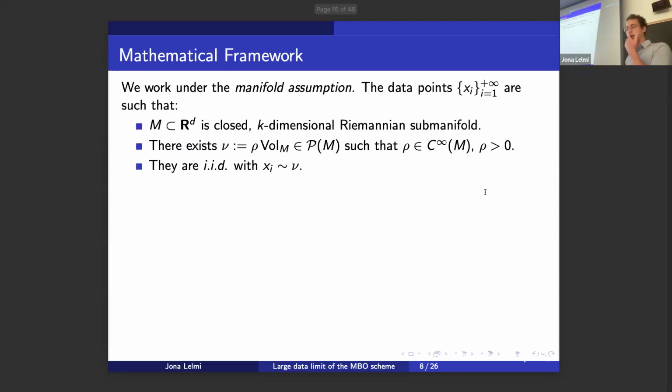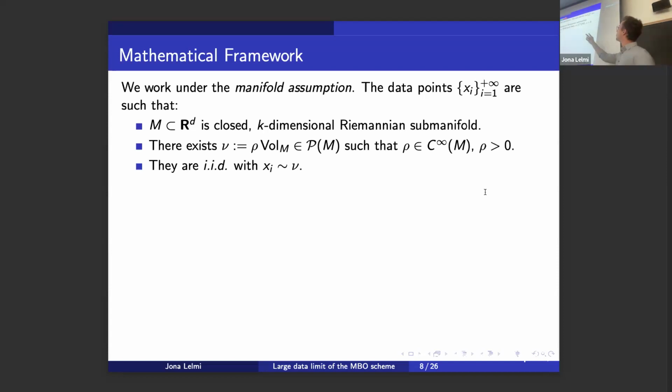So the framework to study large data limits is the following. Of course you have to put yourself into a mathematical framework in which this question makes sense. What we assume about the data is that the data satisfies the manifold assumption. In practice, when you have a data set, maybe you have tons of features, but many of them are correlated to each other. So the true dimensionality of the data set is lower than the dimension of the feature space.